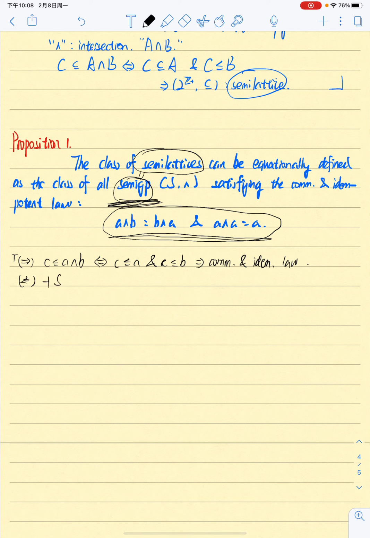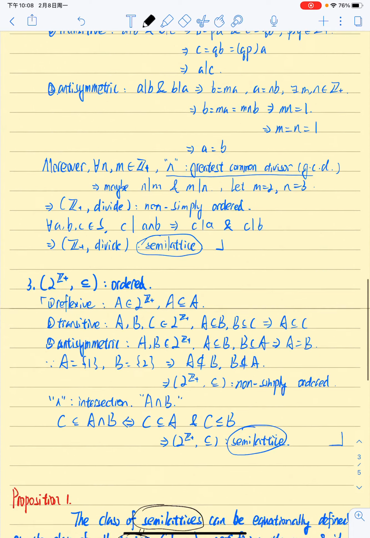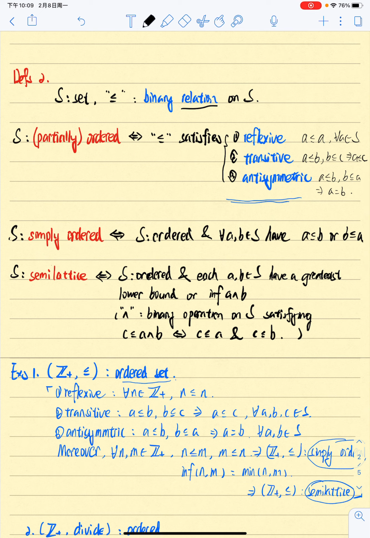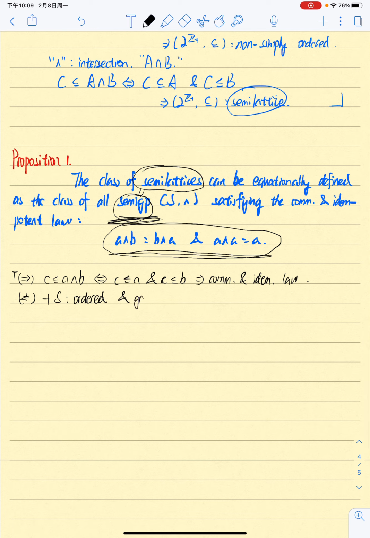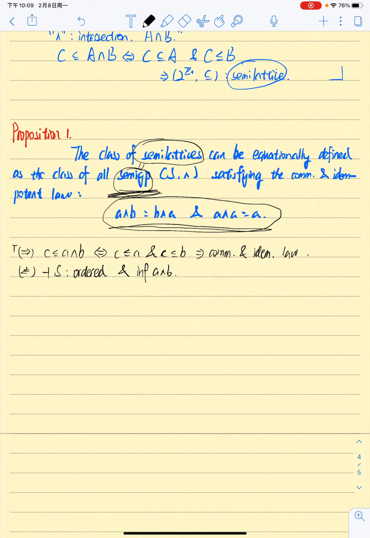We need to show S is ordered, and let's see the semi-lattice definition here: ordered, and for each two elements have a greatest lower bound, inf A, B. To show this is ordered, we should prove it satisfies reflexive, transitive and anti-symmetric.